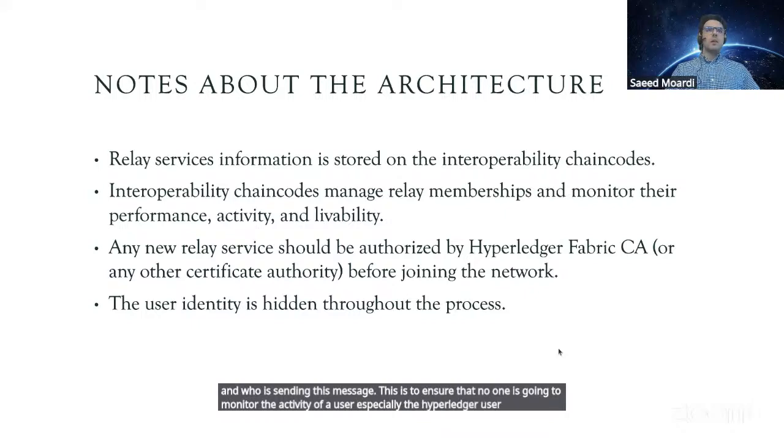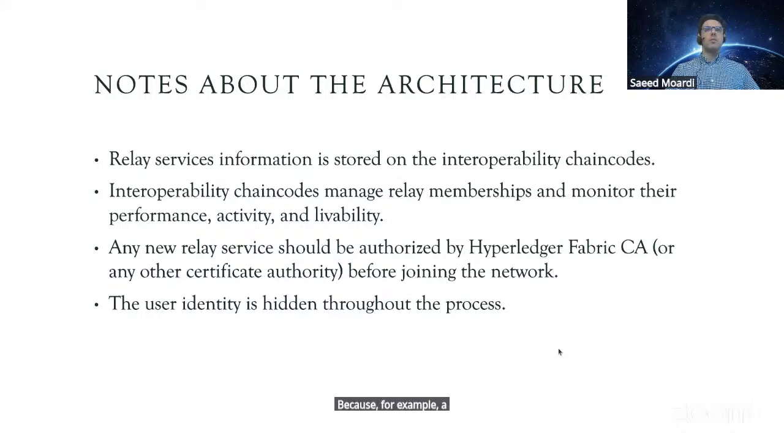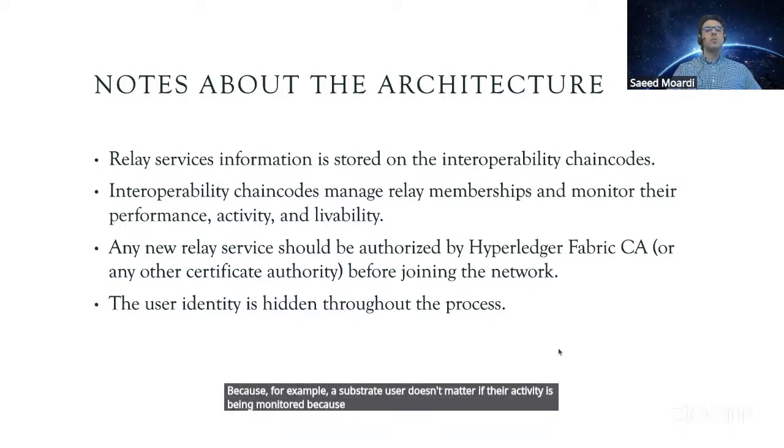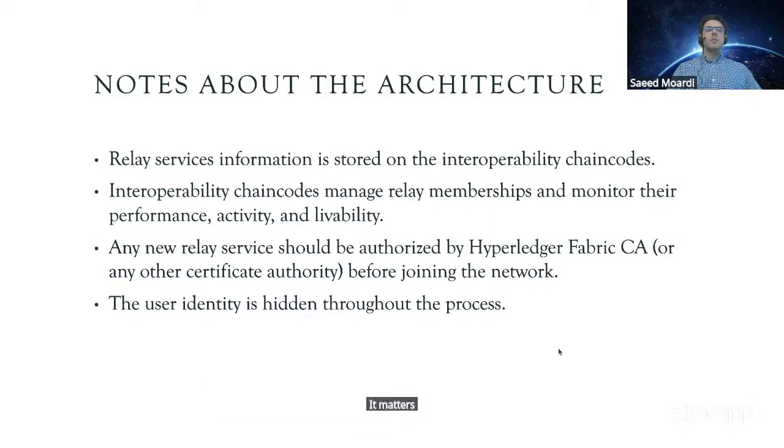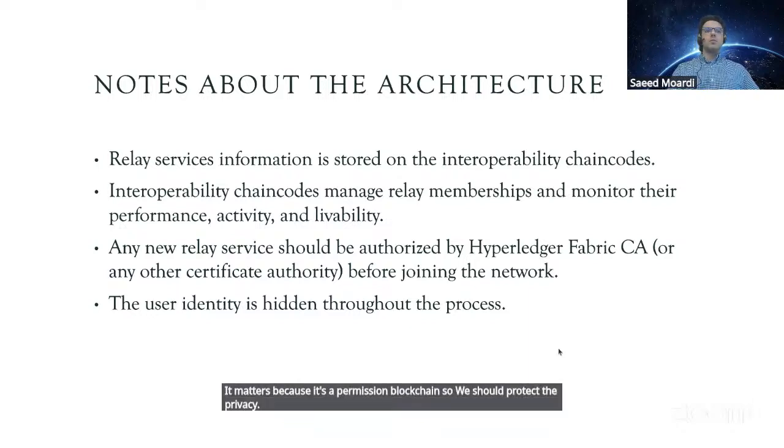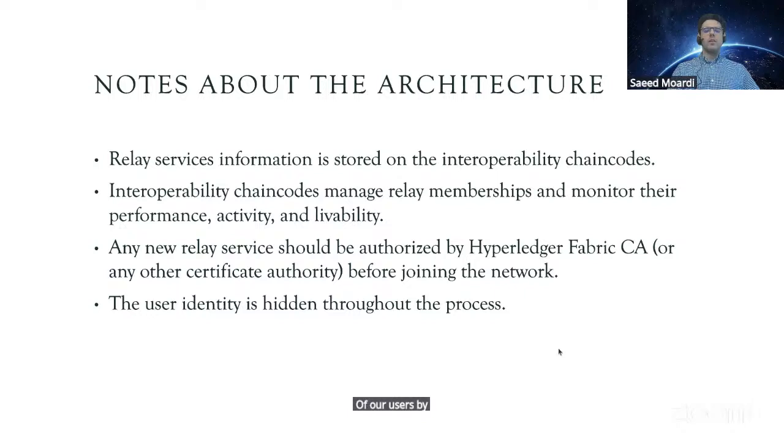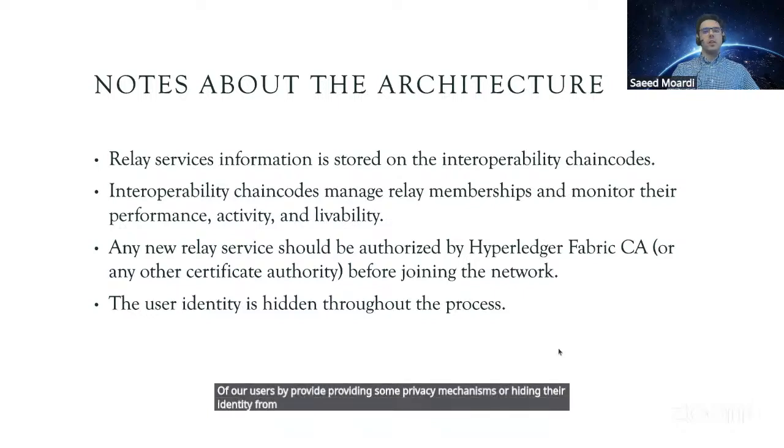For a Substrate user it doesn't matter if their activity is being monitored because they are participating in a public blockchain. But from the Hyperledger side, it matters because it's a permissioned blockchain. So we should protect the privacy of our users by providing some privacy mechanisms or hiding their identity from third parties like the relay service.